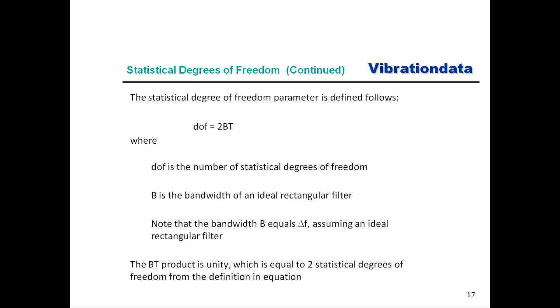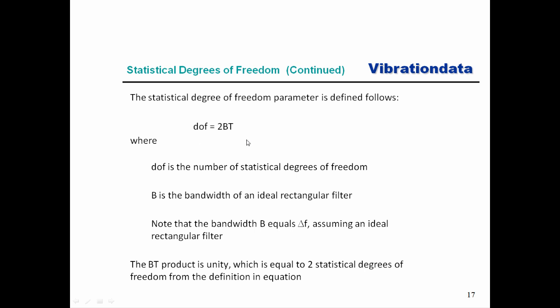In other words, we just leave the data unmodified. And it turns out that bandwidth B is going to be equal to delta F, assuming an ideal rectangular filter. Well, delta F is 1 over T. So if we substitute delta F, or 1 over T, for B, we find that the number of statistical degrees of freedom is equal to 2, because BT is always 1. So degrees of freedom is always equal to 2.